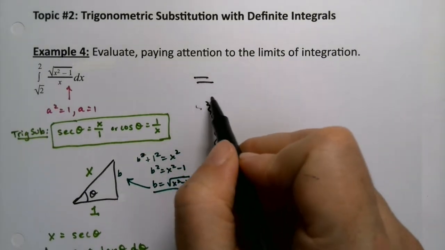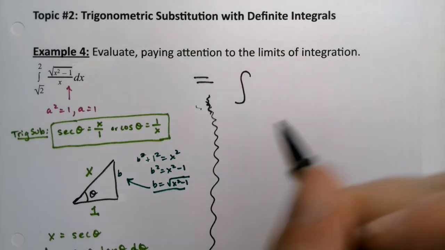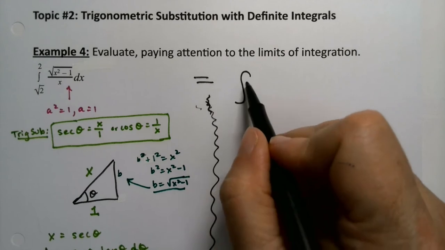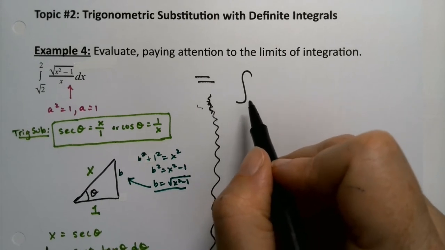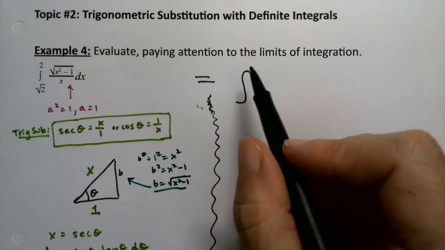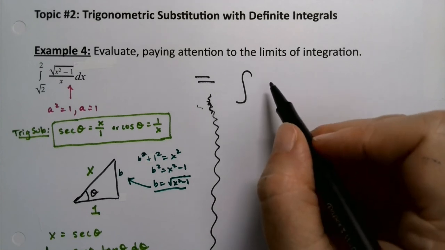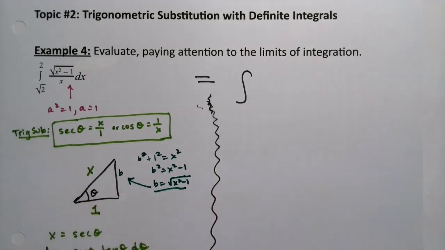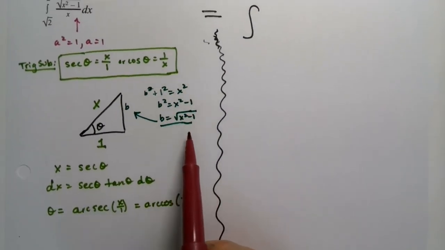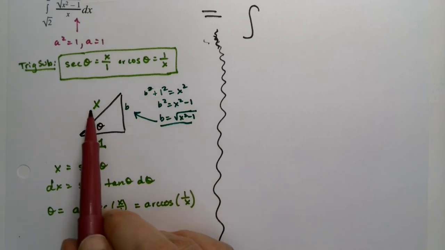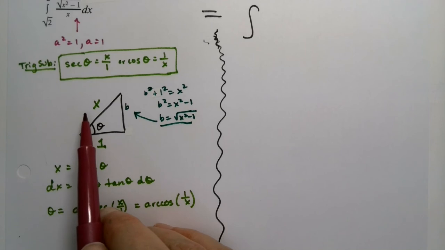Okay, so breaching over the work to get to the integral part. So I'm going to need an integral. All right, I can already tell I'm going to need something else, but let's hold off on that. So I'm going to need some numbers here. I'll be back for those. But I do know that I have the square root of x squared minus 1 over x. So that's a lot going on there. So I do notice, just by looking at this, that the square root of x squared minus 1 over x is the opposite over the hypotenuse.